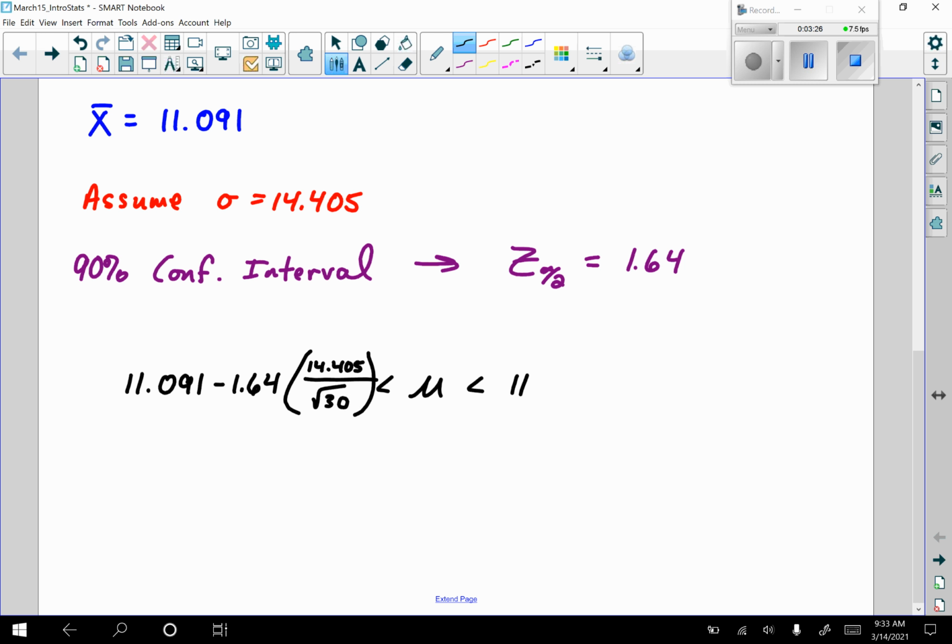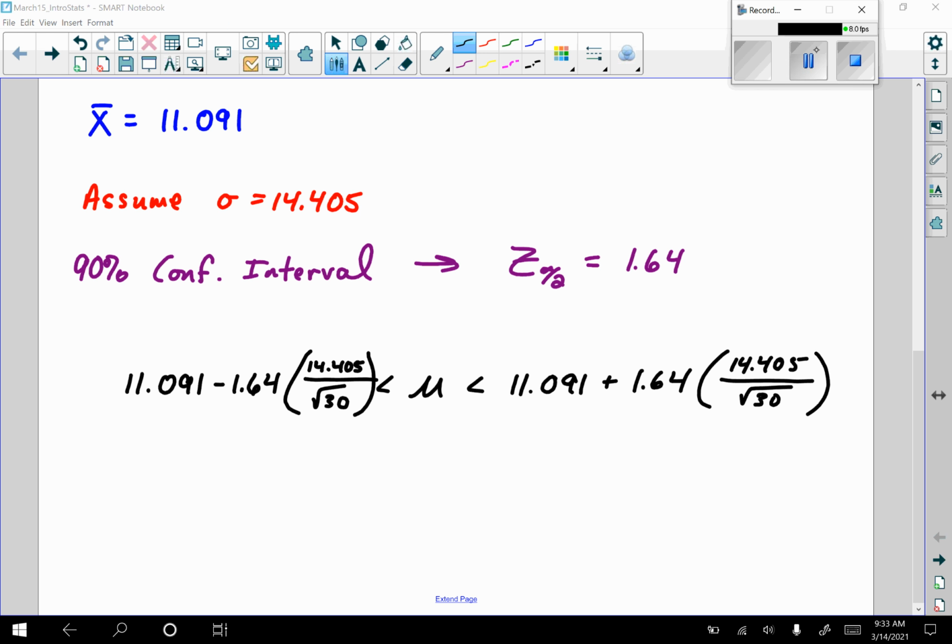And then over here, we're just adding that margin of error. Now when we calculate this, still we want to keep our values rounded out to the nearest thousandth. So go ahead and calculate those two values.